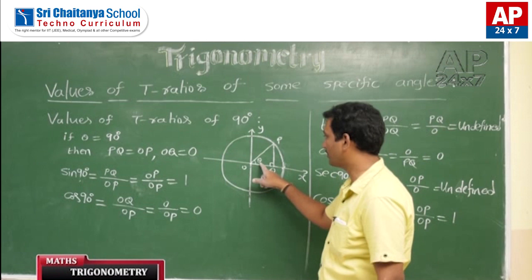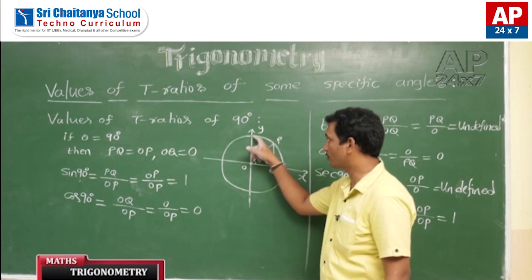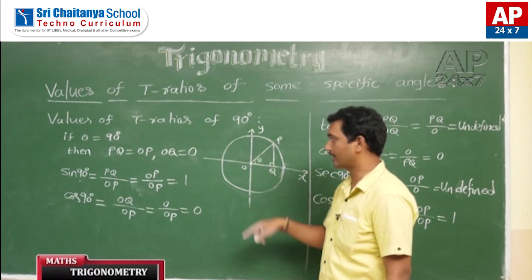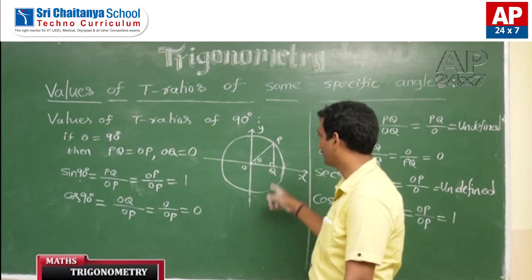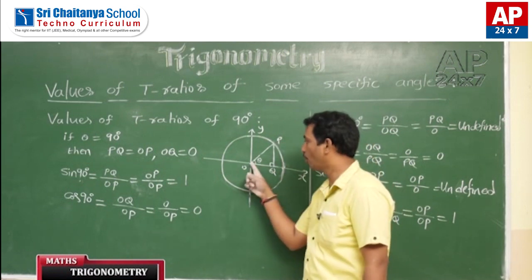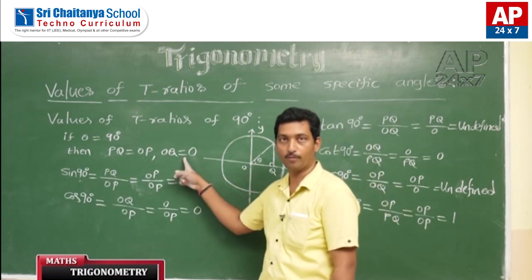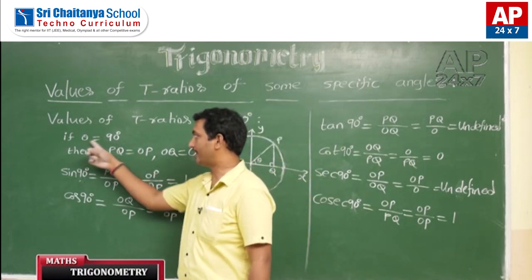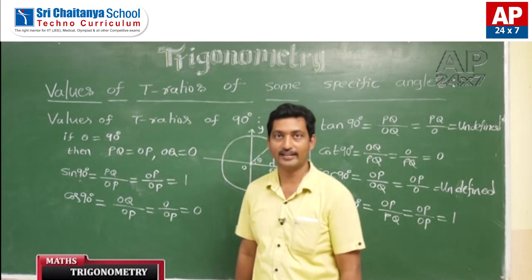If theta equals 90 degrees, P moves towards the y-axis. P is on the y-axis. Then OP is equal to PQ. In that case, OQ becomes 0.